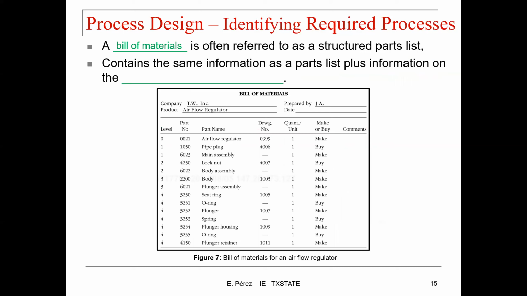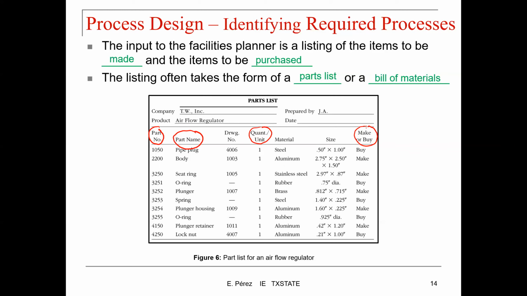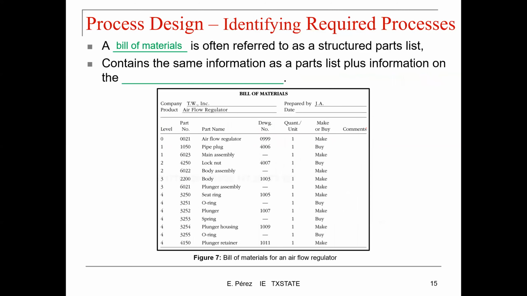The bill of material is often referred to as a structured part list. It contains the same information as the part list plus information on the structure of the product. So the bill of material is similar to what we saw on this part list, but we have some additional information, which is the structure of the product. And that's what's illustrated here as the level.